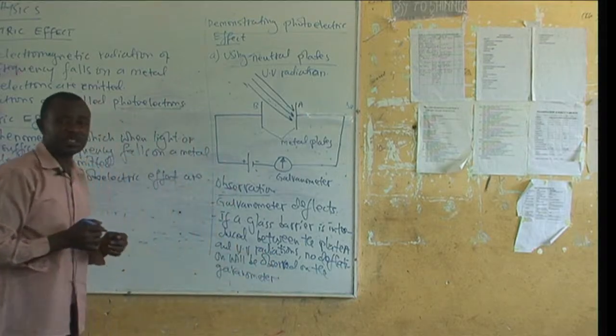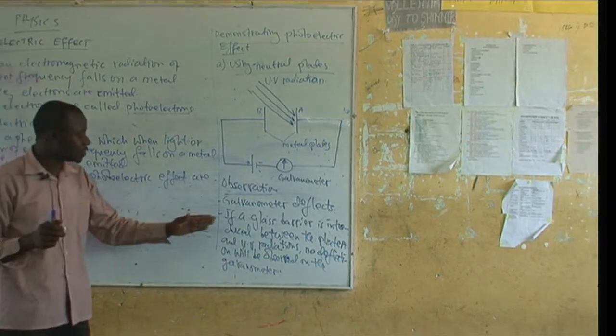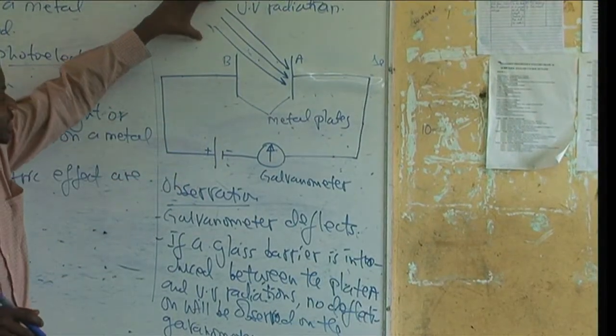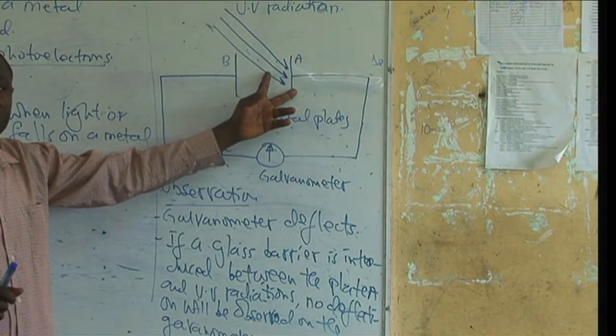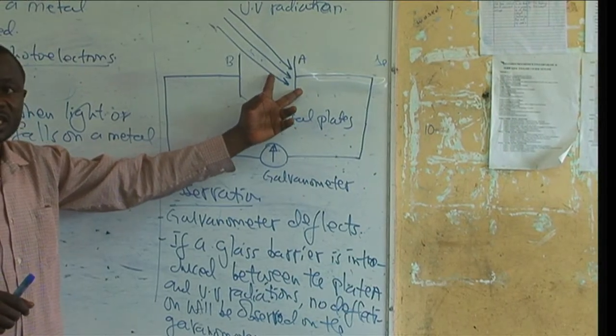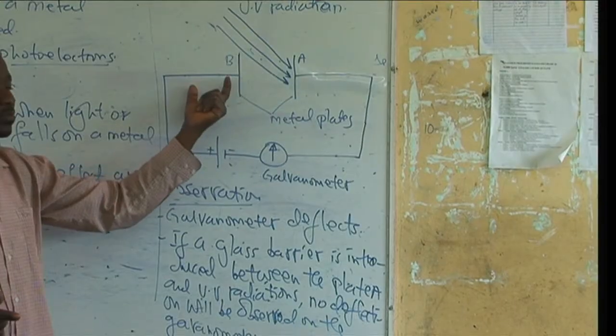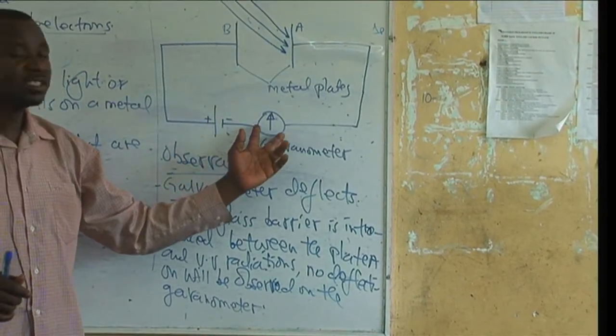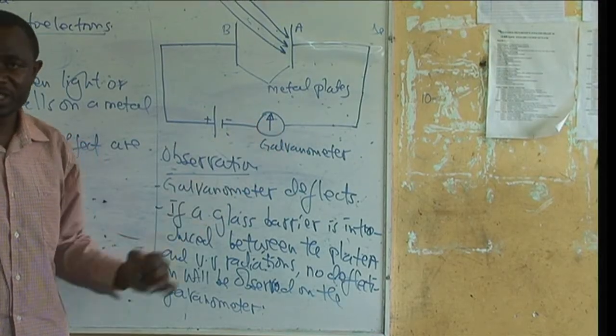And I think lastly I will explain the reason as to why this will happen. So I have said that when the UV radiation hits plate A, electrons are emitted from plate A and then get attracted to plate B, causing current to flow through this circuit, hence the deflection of the galvanometer.